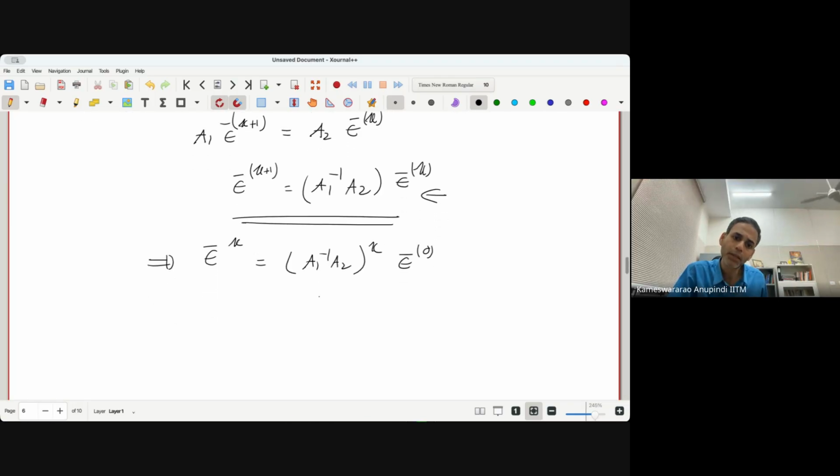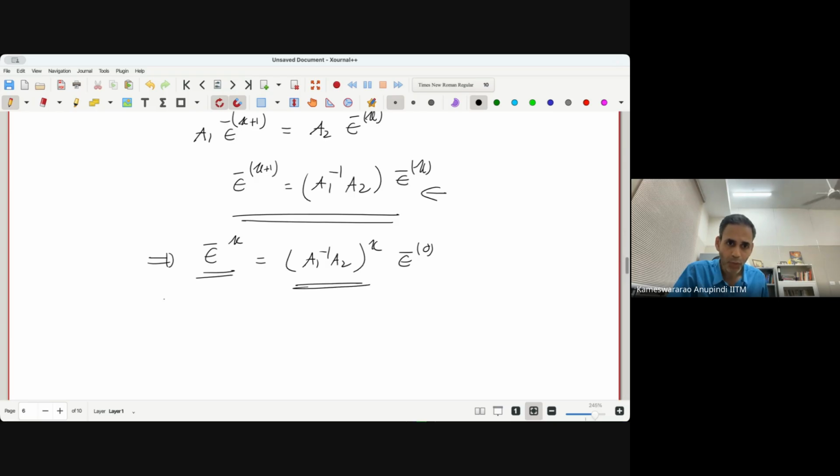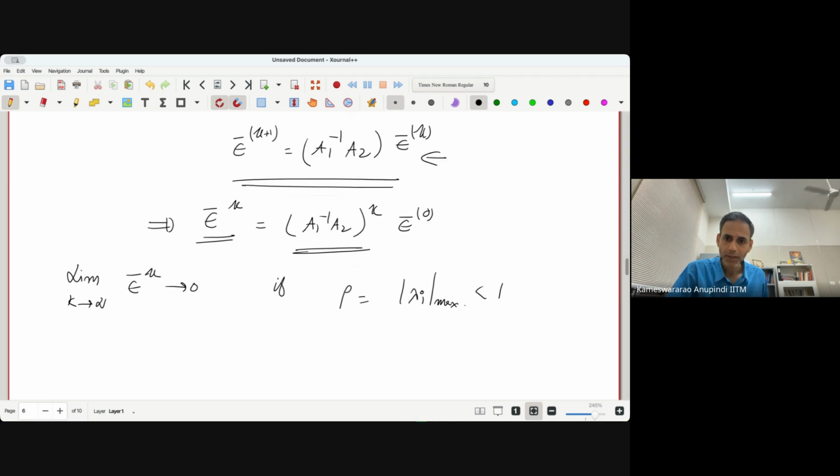So what does this mean? As k tends to infinity, we want epsilon k to tend to 0. We want the error to go to 0. And we know from linear algebra that this can only happen if rho, which is equal to the modulus of lambda i max, is less than 1, where lambda i are the eigenvalues of A1 inverse A2.